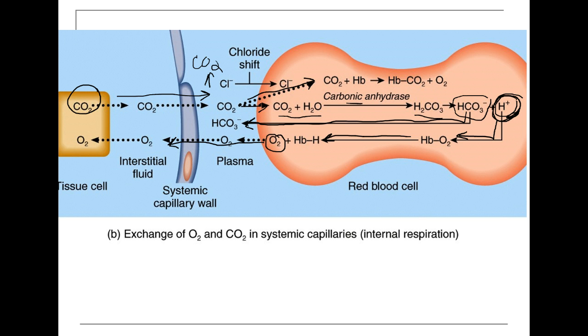Again, it's one long set of chemical reactions that allows you to take carbon dioxide from the tissues and deliver oxygen to the tissues. And it's the exact reverse of the set of chemical reactions we see in external respiration. Now, I know I'm a geek, but that's just cool.